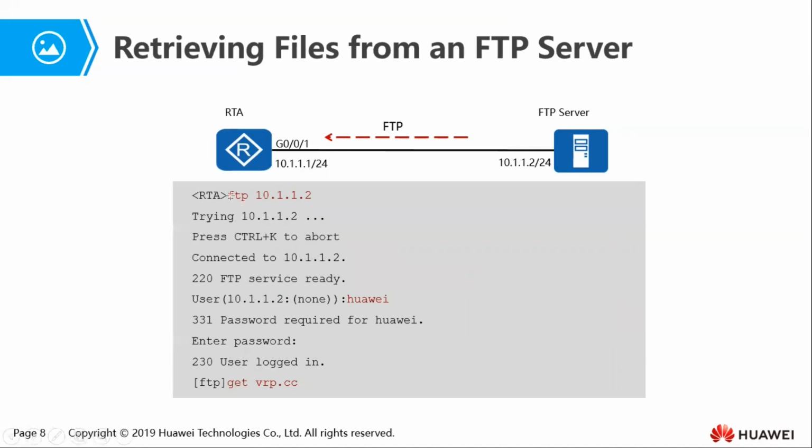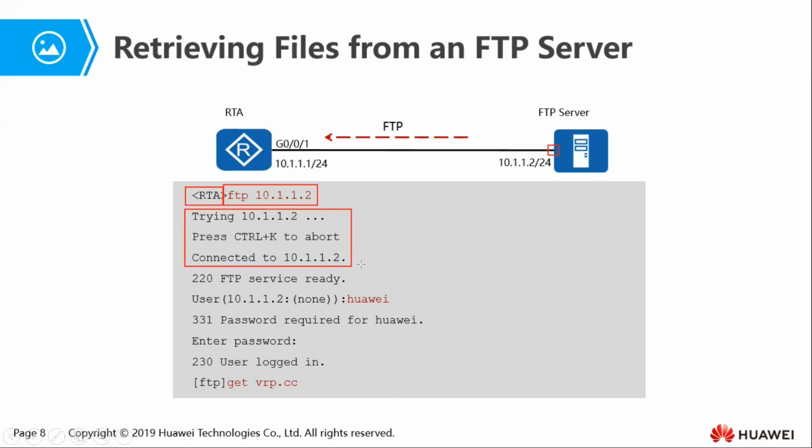How do you do that? On your router, you type the command FTP. Remember, here we are on user view. So you type the command FTP and then the IP address of the server. As you can see here, what is happening is the TCP handshake.